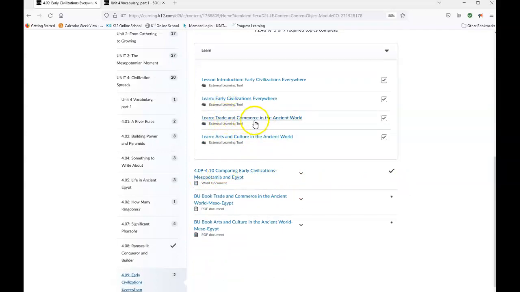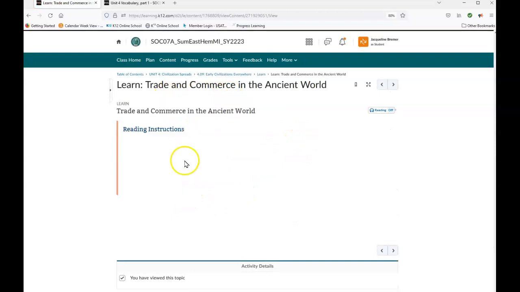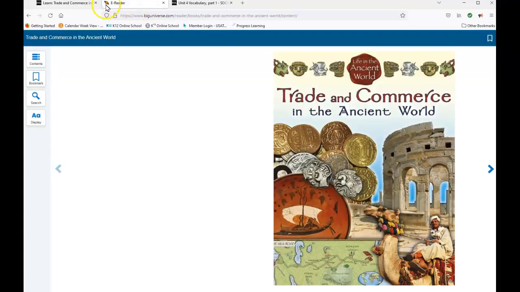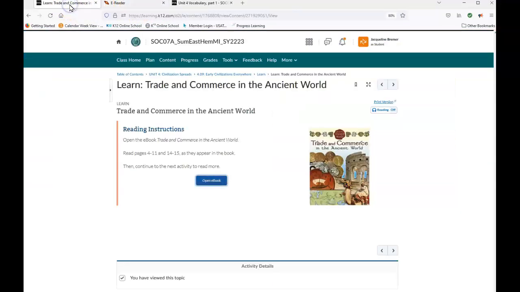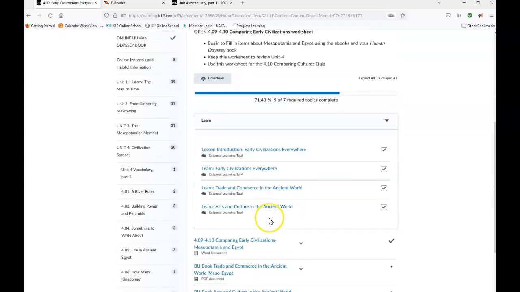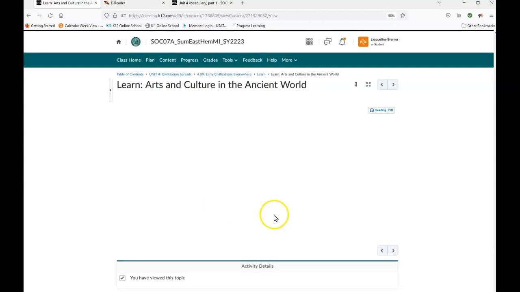There's the Trade and Commerce. There's the Arts and Culture. And when you click on that Trade and Commerce, it brought up an ebook, and then the ebook would open up in a new tab. Okay, and if I were to go back into the lesson, I could also open up the Arts and Culture ebook.